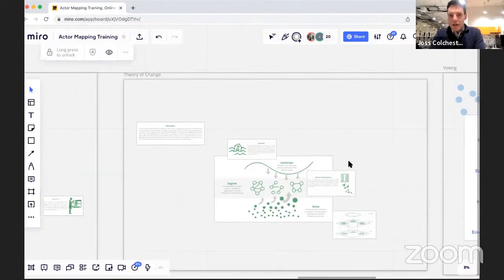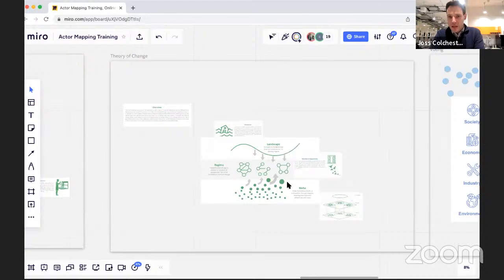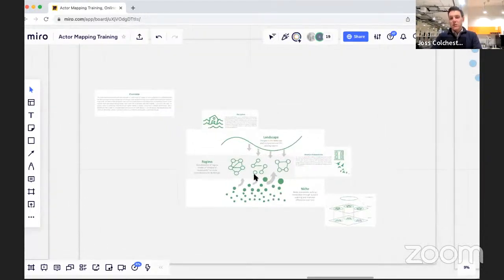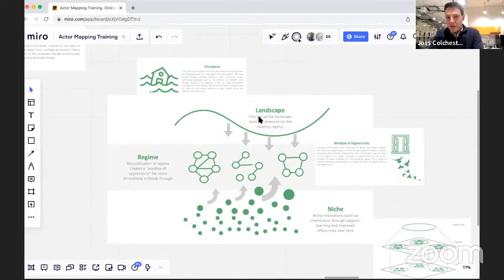Going beyond that, this is also a theory of change, right? So it's describing how change happens within that context of the three levels. So what Frank Geels is saying is that changes on the landscape level will disrupt the regime and create a window of opportunity for new innovations to enter in, those that are better adapted to this new context that has resulted from the landscape changes.